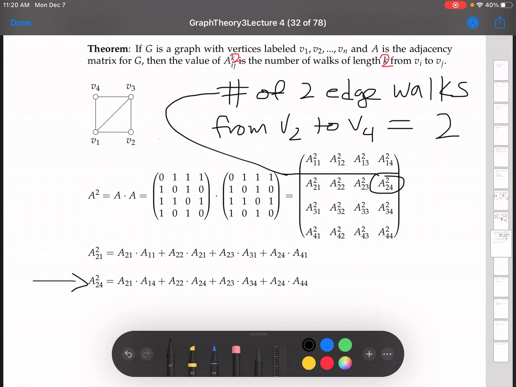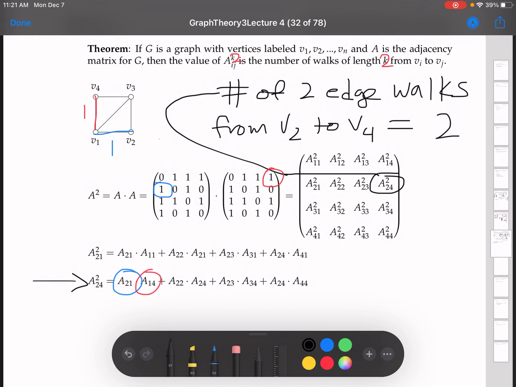All right, so now we're looking at this one. So first of all, we've got A21. So down 2 over 1, A21, that's that right there. A14, let's see, so first row, 4th column, A14, that's a 1.